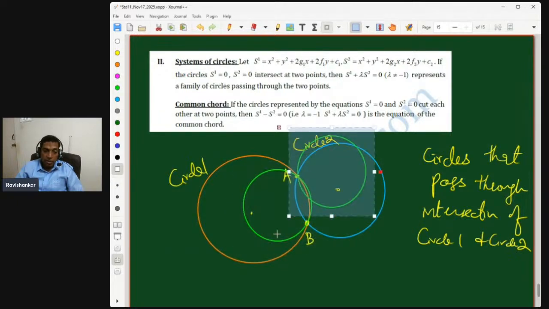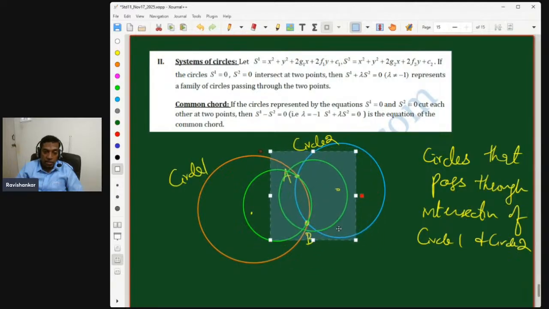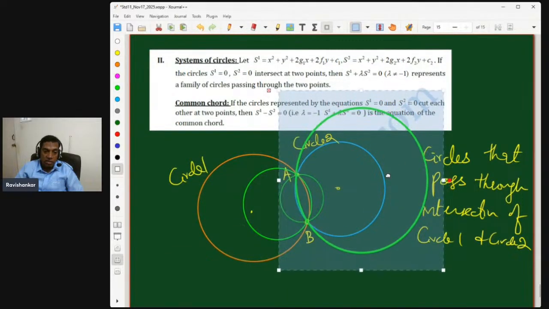Then another circle that passes through A and B will be a circle that has AB as diameter. Another circle that passes through A and B will be this large circle.